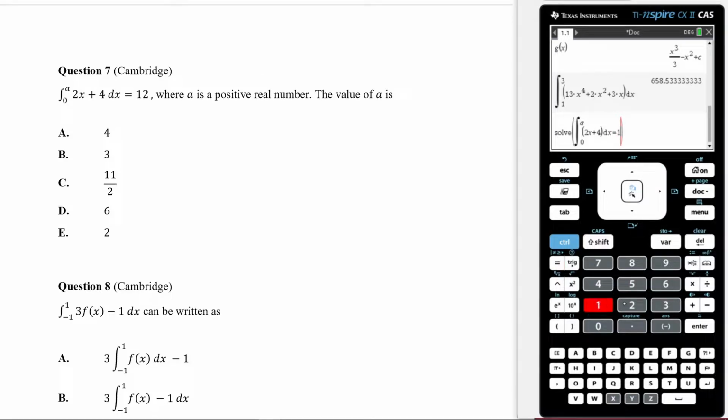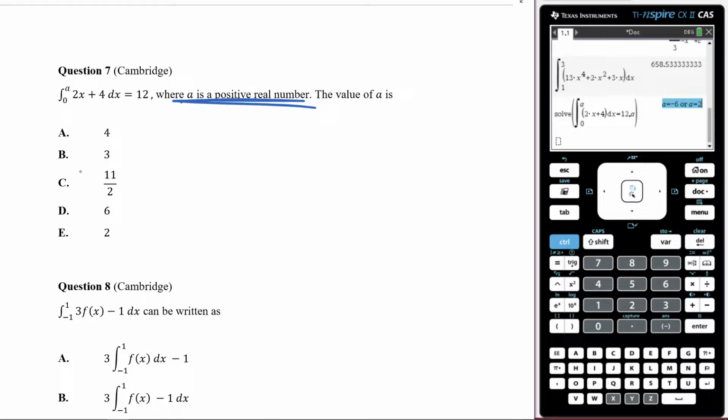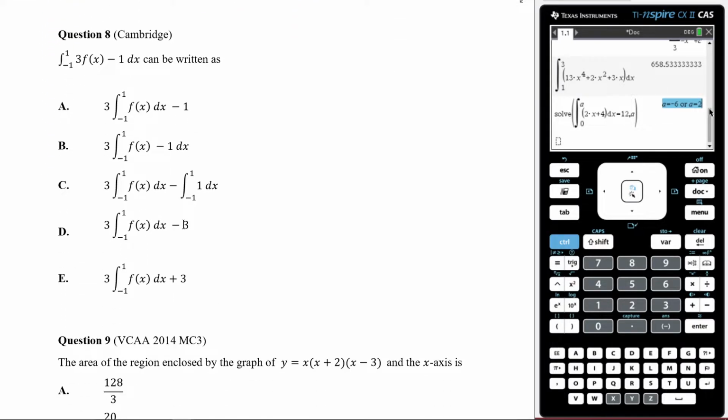That's going to be equal to 12. Then I want to solve it for A. It's going to be A is equal to -6 or A is equal to 2. It told me that A is positive. That means A is 2, which means E is my answer. Hopefully that has made sense to you. Let us now move on.